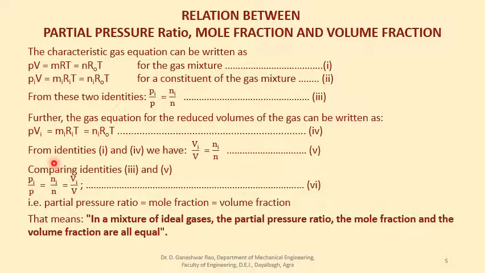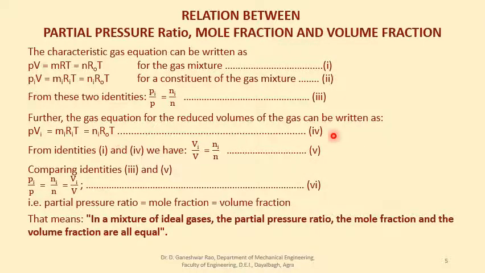Now if you consider the gas equation for reduced volumes of the gas, it will be written like this: PVi is equal to miRiT is equal to niR0T. Here the variables are V and n, or V and m and R. For gas A, it will be PVA is equal to nAR0T, PVB is equal to nBR0T, and so on.